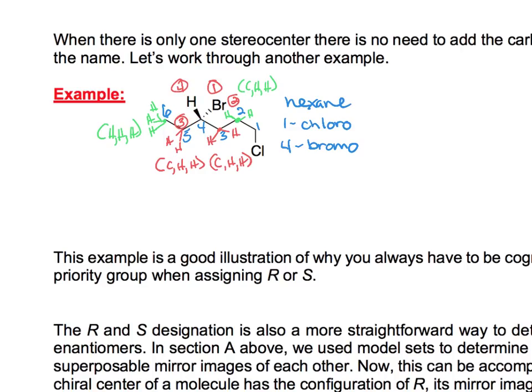So we can either A, redraw the whole molecule, or B, we can just reverse whatever we got when we count from 1 to 2 to 3. And so if our initial count is going in the clockwise manner, which would be R, but because our lowest priority group is coming out at us, we ignore that and reverse it, so it's actually going counterclockwise, so this would be an S stereocenter.